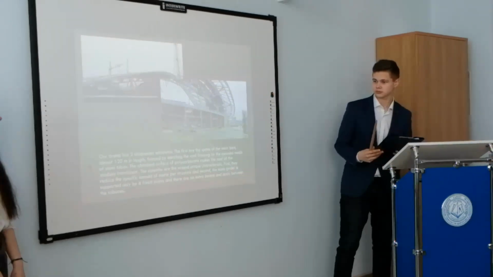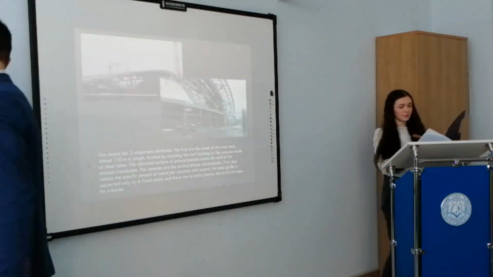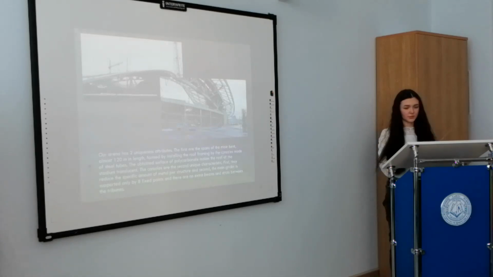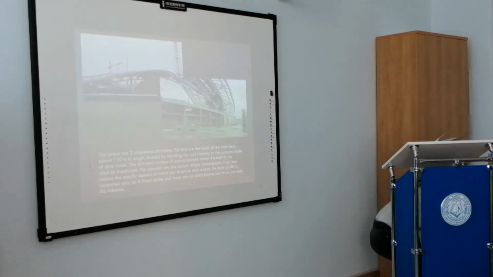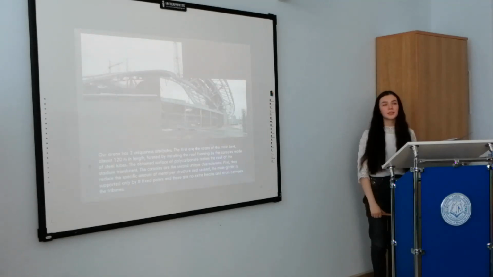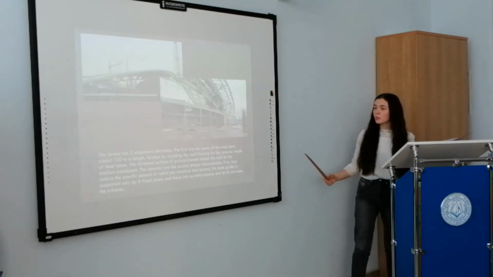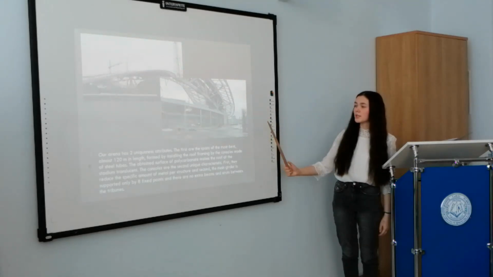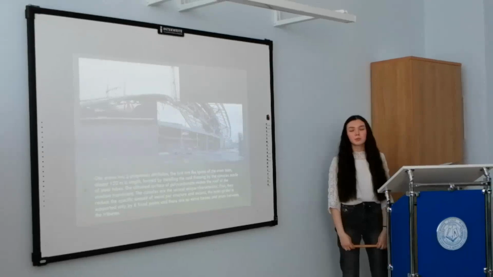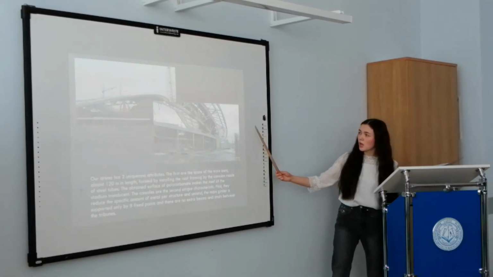Okay, and next, please, Milana. Our arena has two unique attributes. The first is the space of the main bowl, almost 120 meters in length, formed by installing the roof framing by the consoles made of steel tubes.